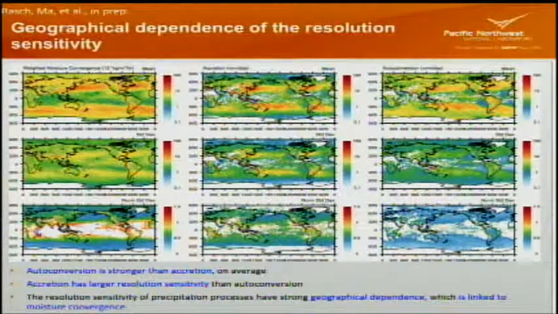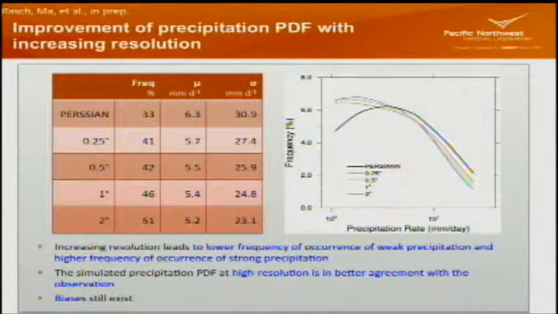And the geographical dependence actually is linked to this term. This is the moisture convergence averaged over 4 resolutions, and this is the standard deviation of the moisture convergence. So we then want to see whether the high resolution model that produces a stronger moisture convergence is realistic, or is just a problem.